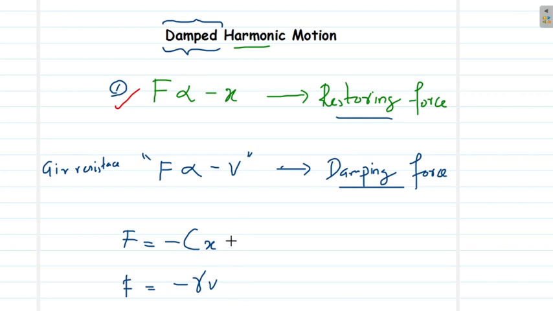Now combining these two equations, these two forces are acting together on a single body. So the total force acting on the body, F, can be written as minus gamma v minus Cx. And instead of velocity, let me substitute dx by dt.